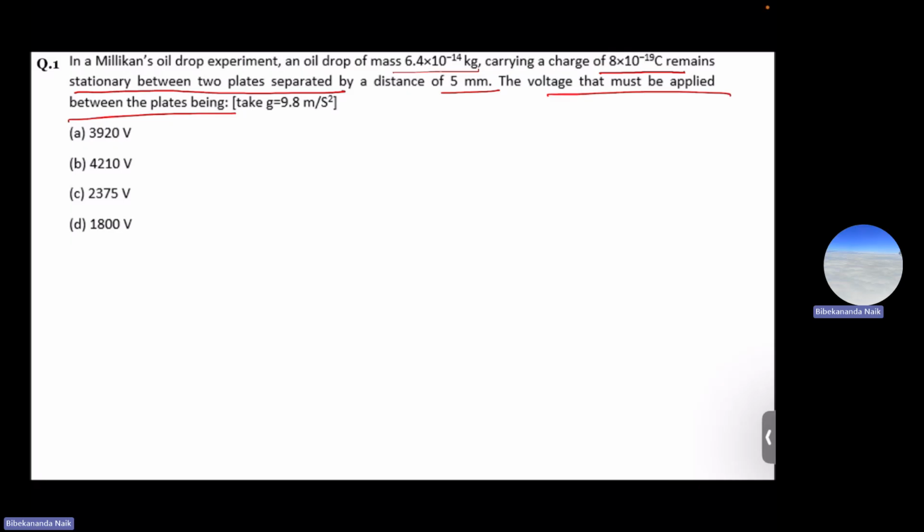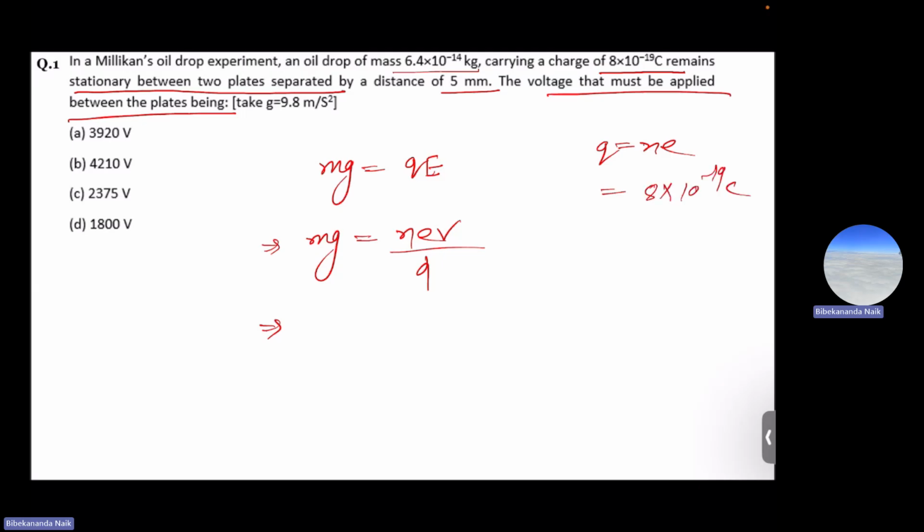So again, the formula is the same, but the unknown quantity is different in this question. So mg equals QE, mg equals QV by D, and here we don't need to put Q equals ne, we don't need to expand because Q is already given, which is 8 into 10 to the power minus 19 coulomb.